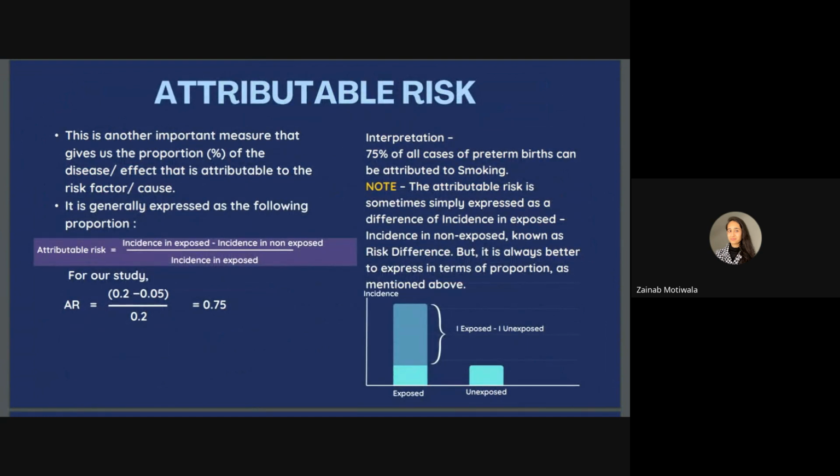So what is attributable risk? This graph is not like a graph that usually exists, but it's just for better understanding, so that we don't need to learn this particular formula by heart, but we're able to understand it more visually. So in this particular case, if we have a graph of incidence of a particular disease in exposed and non-exposed, hypothetically, if the exposed bar is this, while the unexposed bar is this, attributable risk would be the entire incidence of the exposed minus the unexposed.